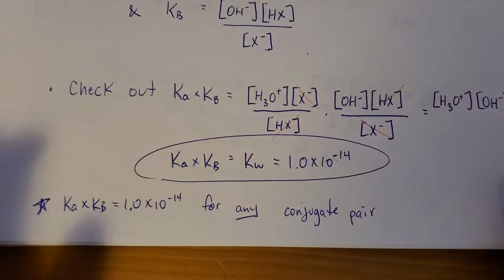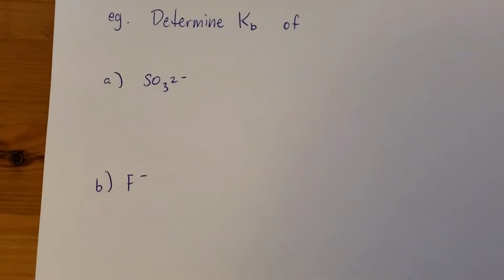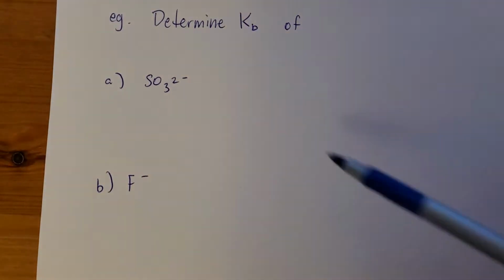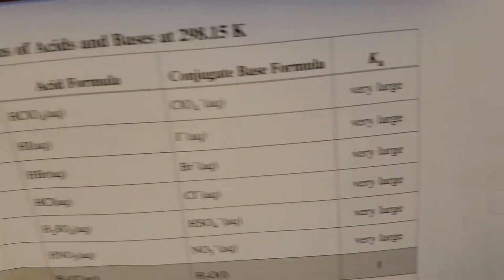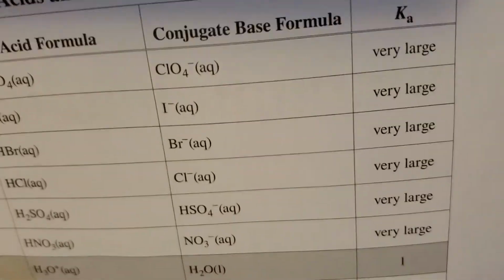Okay, so now let's see how to actually find Kb. I've set up an example. We're just going to determine Kb of some weak bases here. So we use our data booklet. The first one we're doing is SO3, sulfite. Lots of stuff to look at. Right now, you want to look in the base section.